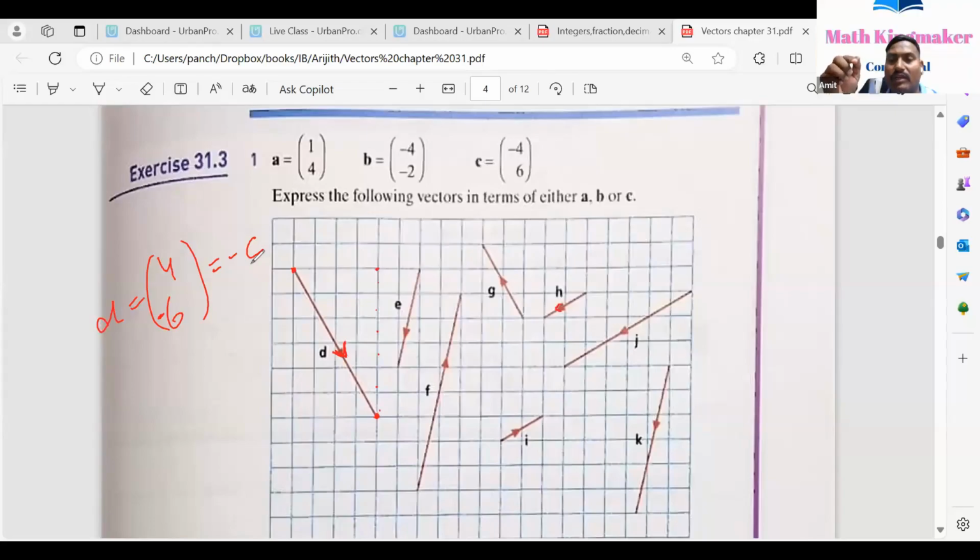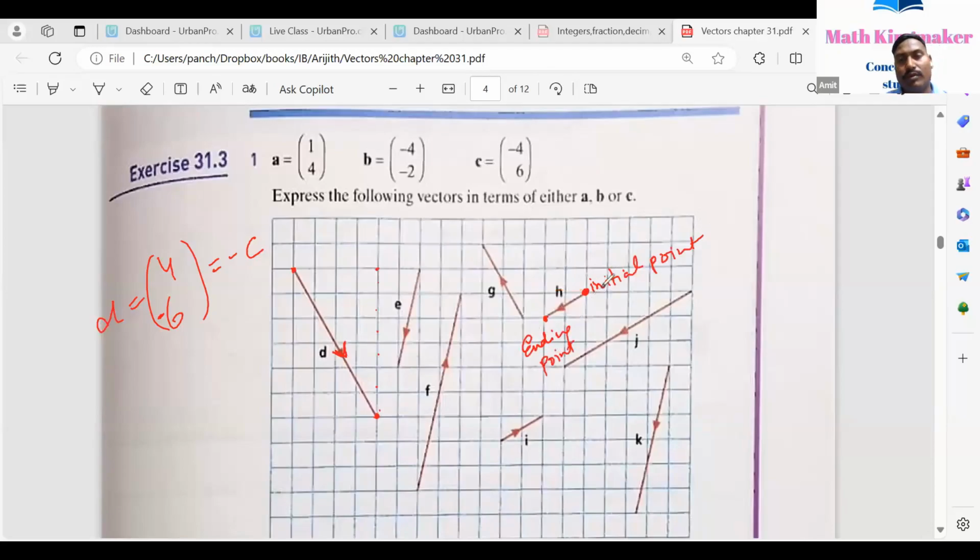Is y going in the positive direction? The arrow is downward. So you are starting your journey from here. This is your initial point, and this will be your ending point.